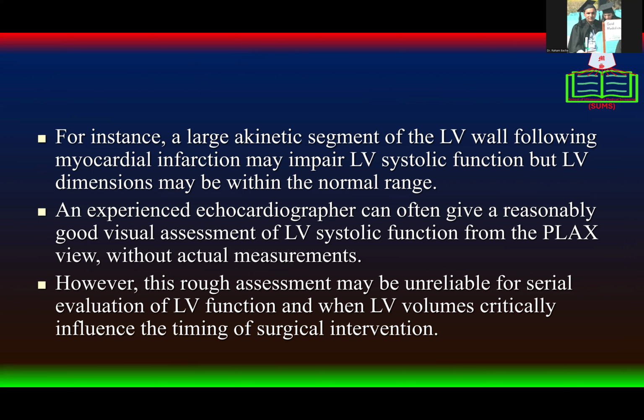An experienced echocardiographer can often give a reasonably good visual assessment of the left ventricular systolic function from the parasternal long axis view without actual measurement. However, this rough assessment may be unreliable for serial evaluation of the left ventricular function when left ventricular volume critically influences the timing of the surgical intervention.